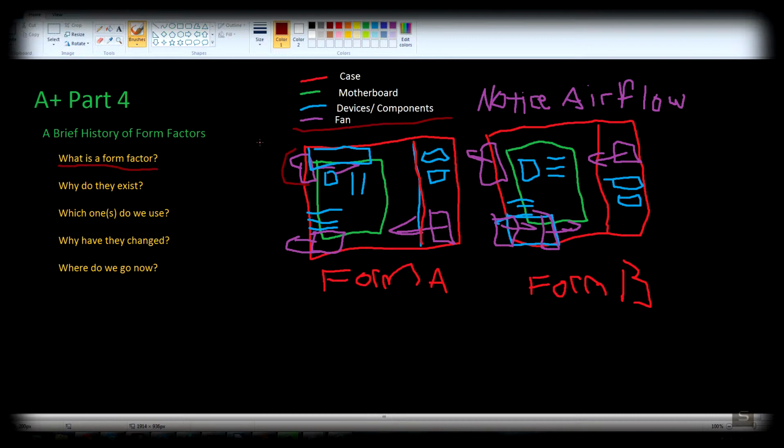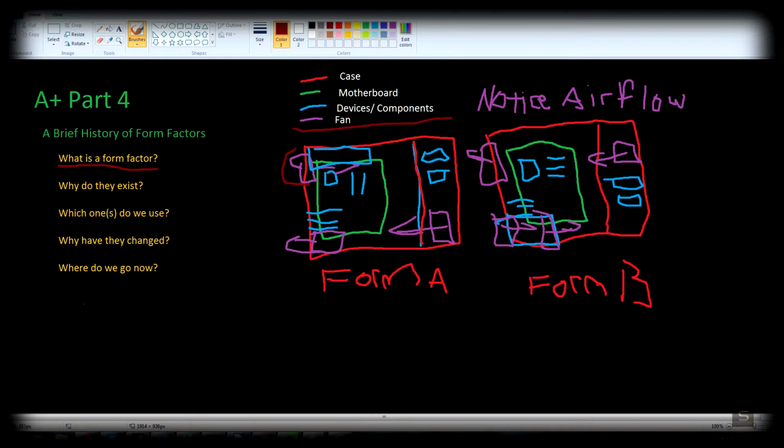In Form B, which is the evolution, the RAM modules have air flowing directly over them and into the CPU, giving more airflow and better efficiency.